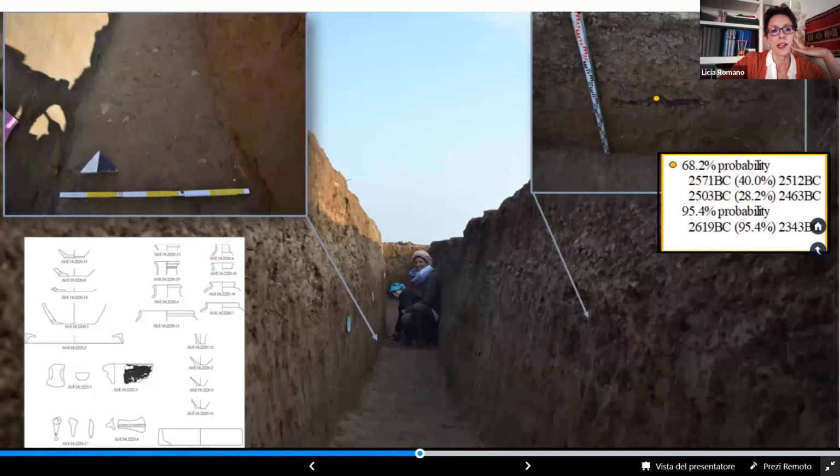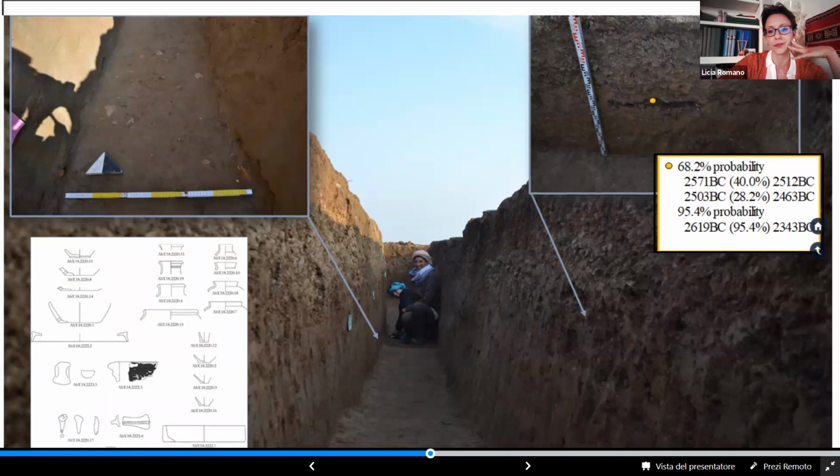Here, the interesting thing is that on the bottom of the earlier canal, we found lots of pottery fragments dated to the second half of the 3rd millennium BC, a dating that was confirmed by some organic material that we found over the clay revetment of the later canal.